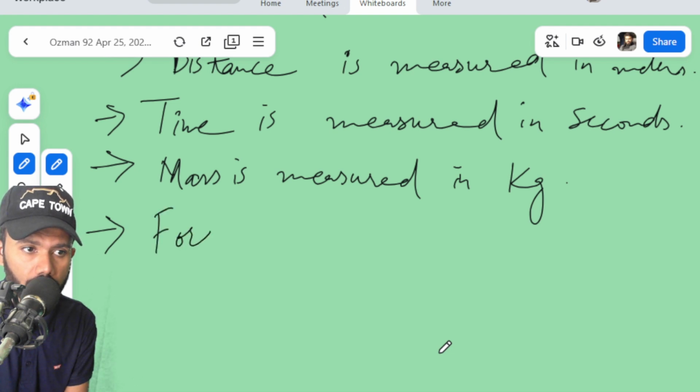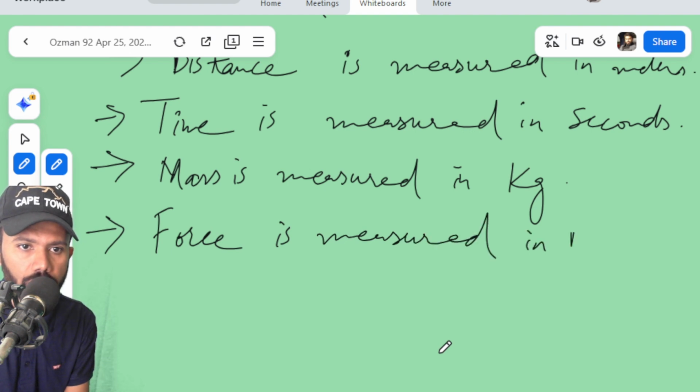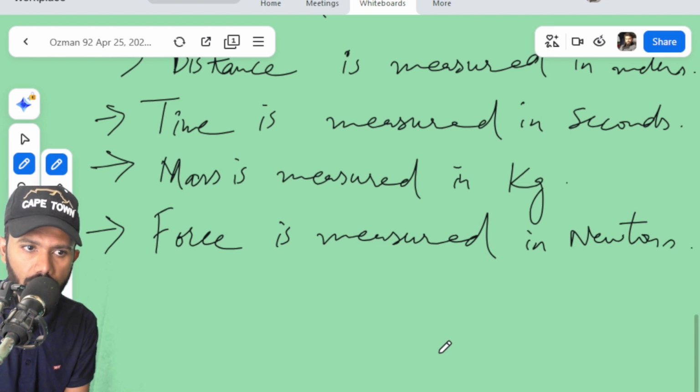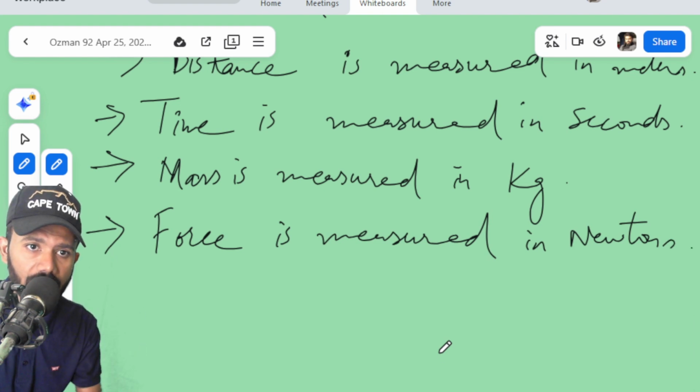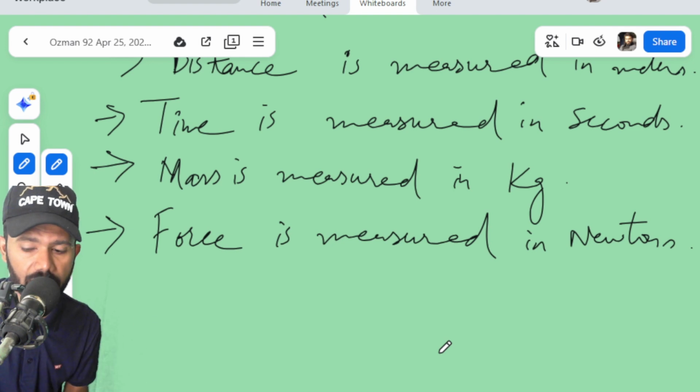Force is measured in newtons, right? So these are some examples of physical quantities in their respective SI unit.